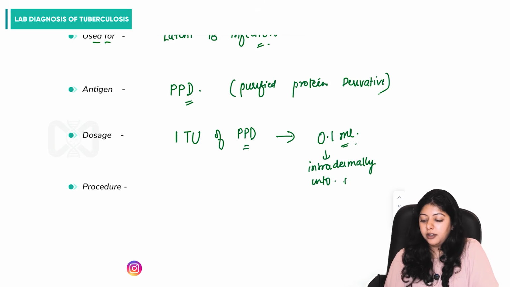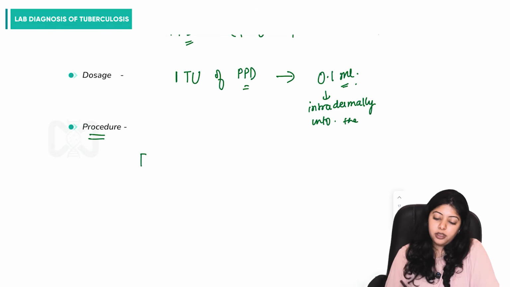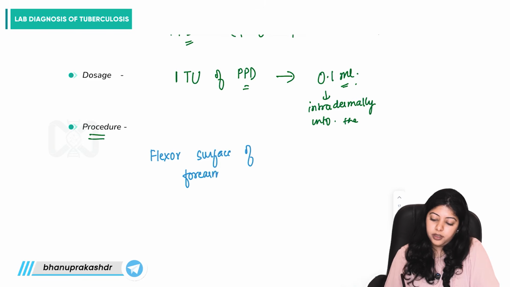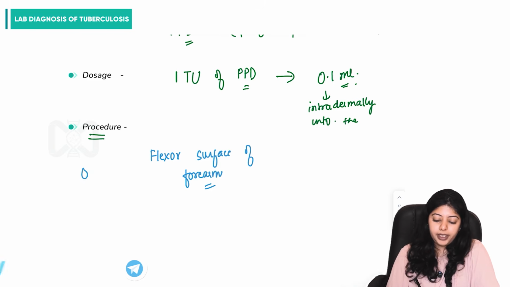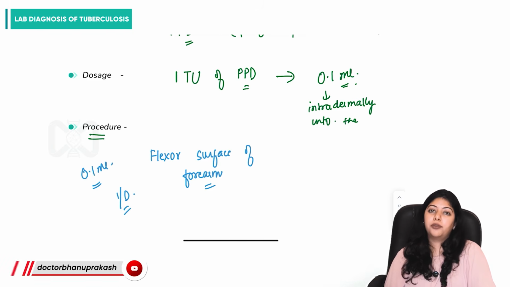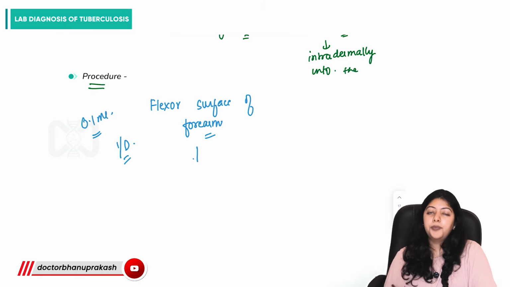Into the flexure surface of the forearm. So 0.1 ml of PPD is injected intradermally into the flexure surface of the forearm, and the results are read after 48 to 72 hours.